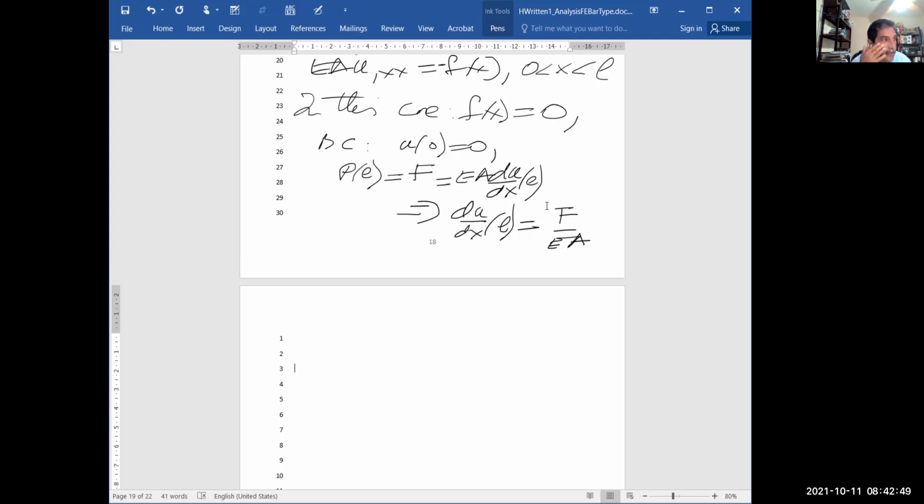Usually that means that you have to find the reactions on the supports. What you do is you multiply the stiffness matrix times the displacement vector to find the unknown reactions that you still don't know. Remember, a reaction is an external force which is acting on the system in order to impose these support conditions. So you have to see it like that, external on the system. You have to remember the sign convention for the external forces, okay?